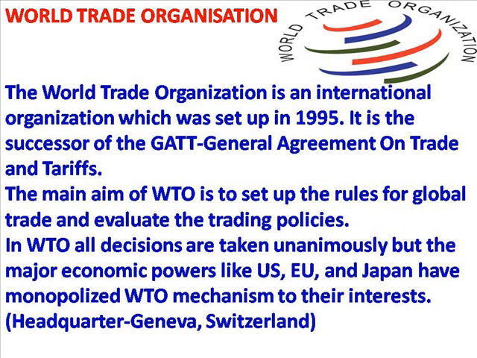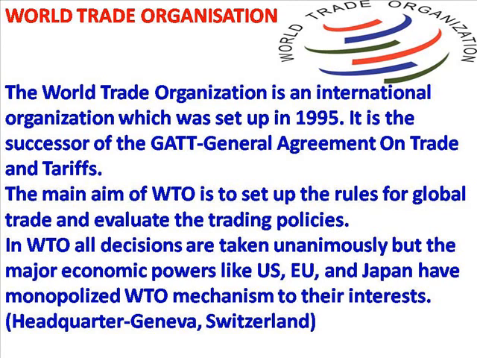Next agency of the UN is the World Trade Organization. The World Trade Organization is an international organization which was set up in 1995. It is the successor of the GATT, General Agreement on Tariffs and Trade.